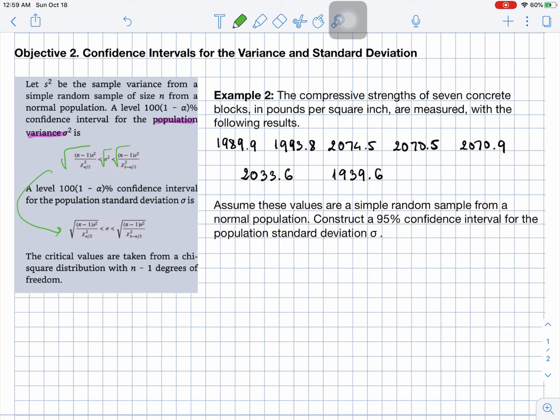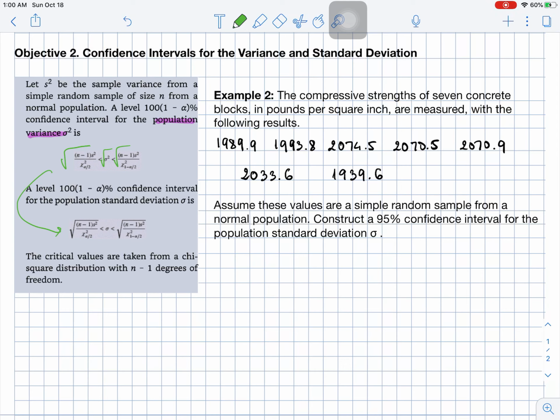The two formulas are very similar to each other. If you notice, if we take the square root of the first formula, we will get the second formula.